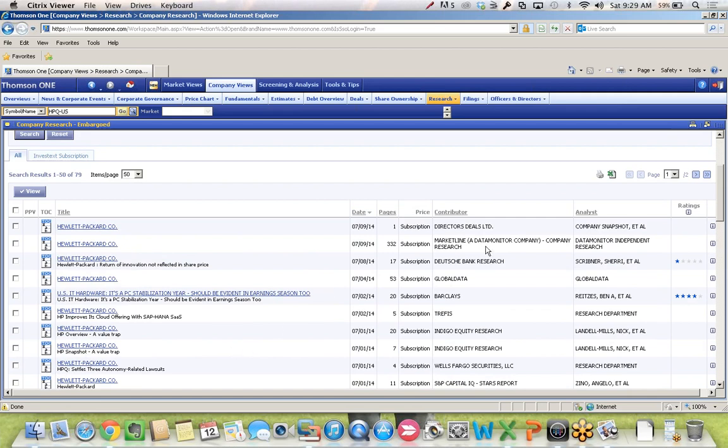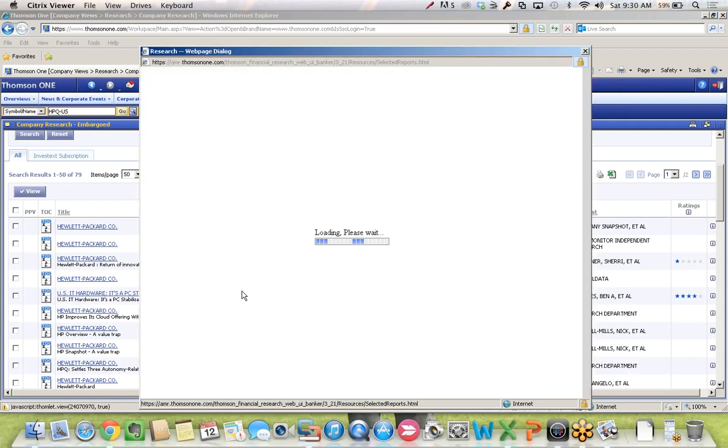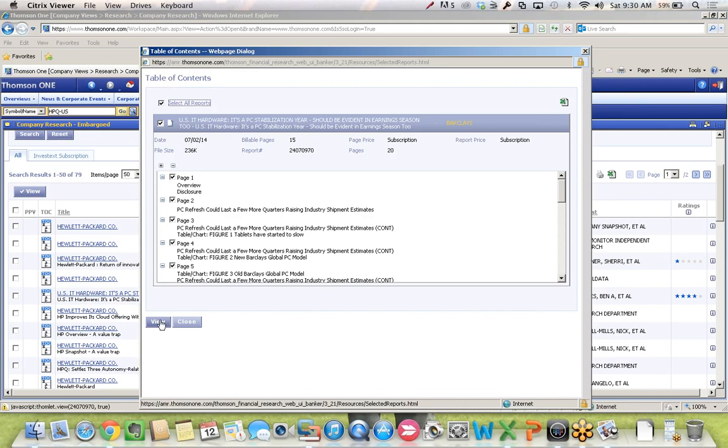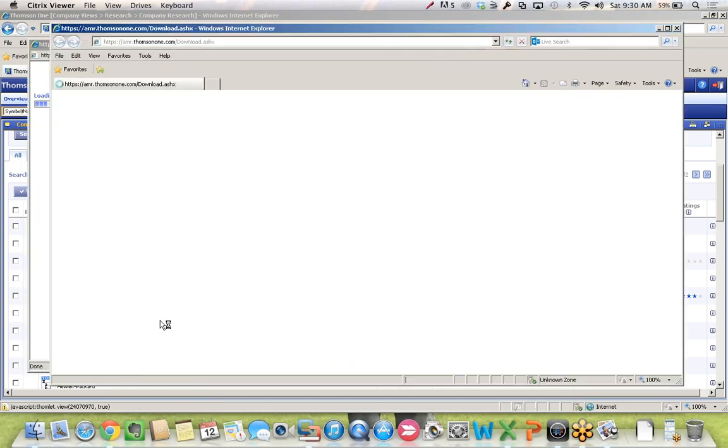And again, they're in reverse chronological order. But look for one of the bigger banks, and obviously the ratings. These are the analysts with higher stars that are generally tracking better. So in this case, this person from Barclays has done a better job. I have a 20-page report from Barclays. Click on this, select all the reports, view it.